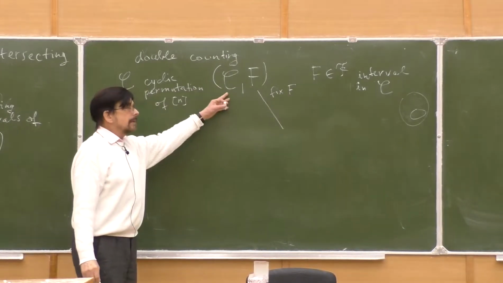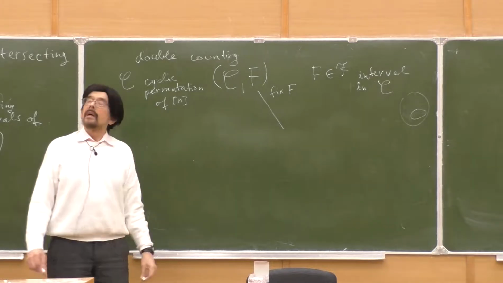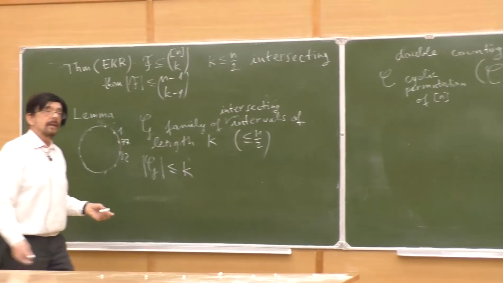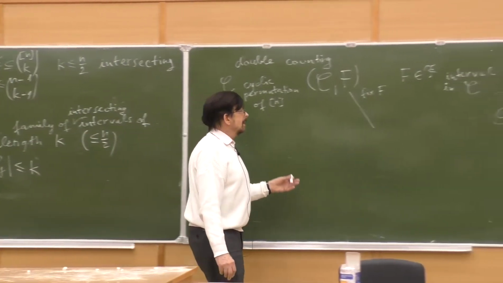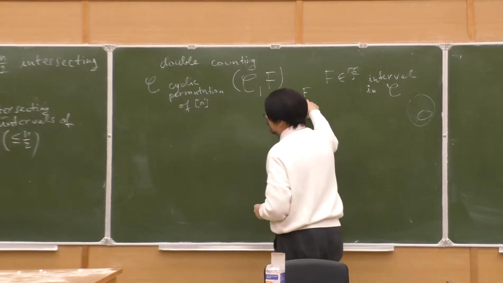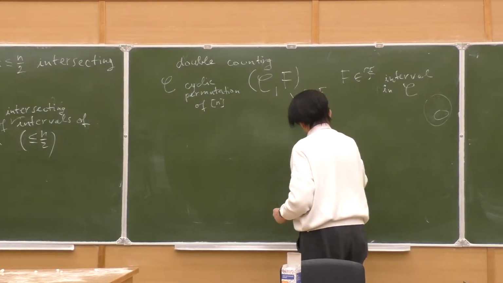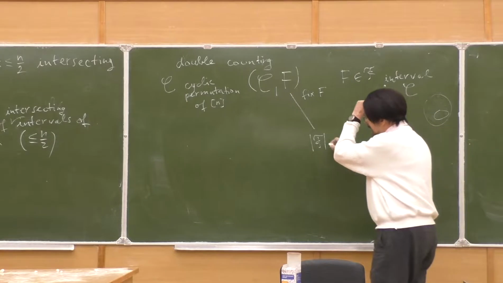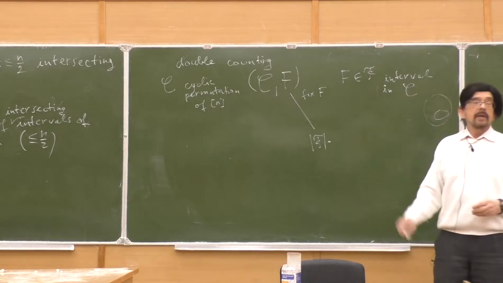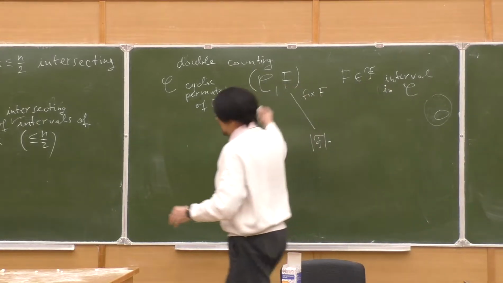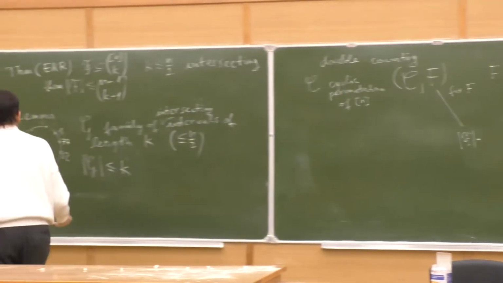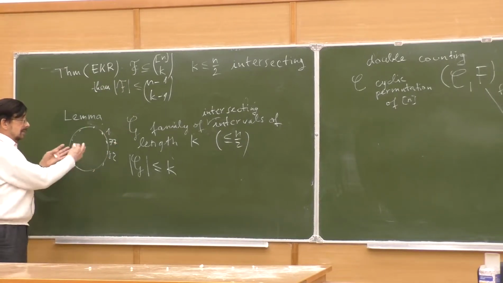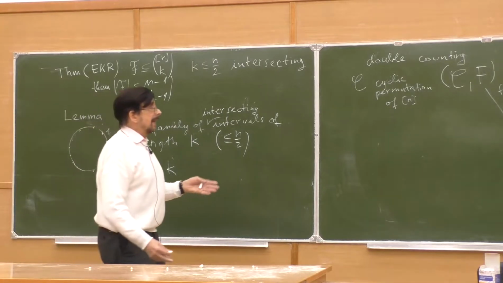And now we try to mix the elements in a cyclic way. So the number of F is just a notation, the size of the family, and for each such set, we have to determine how many cyclic orderings we can have where F is an interval.